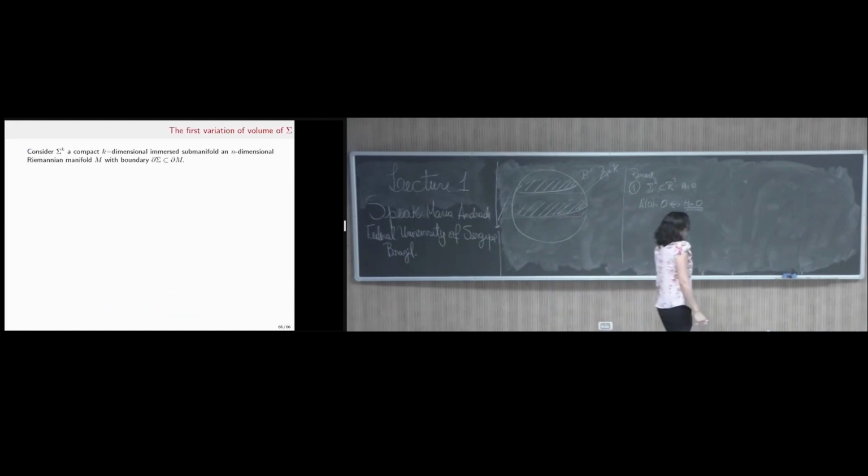Now I talk with you about the first variation of volume of the sigma, but in this case here we consider not only the surface, but any compact k-dimensional immersive submanifold, okay? In the same way.